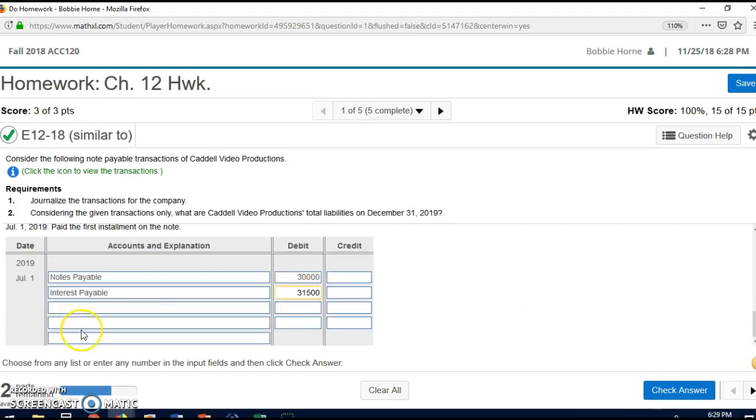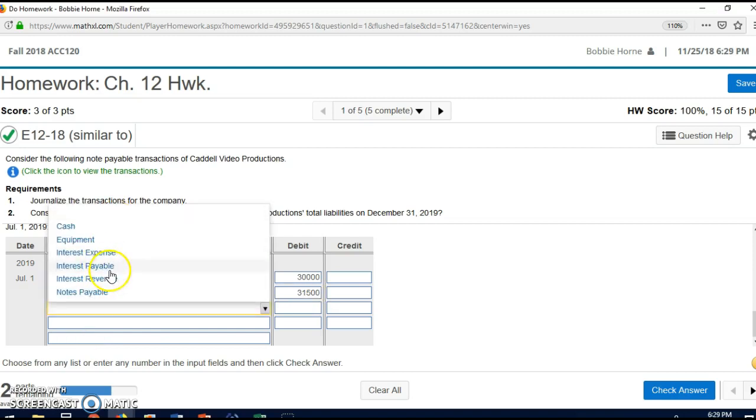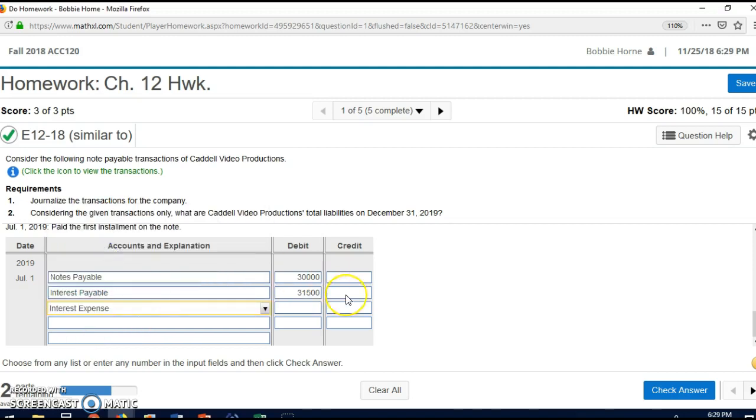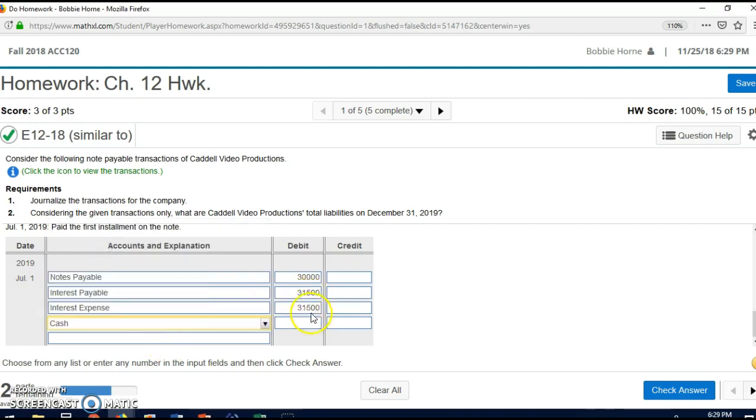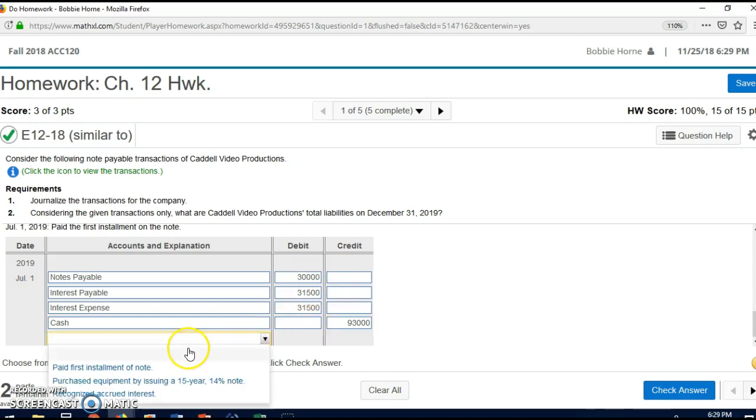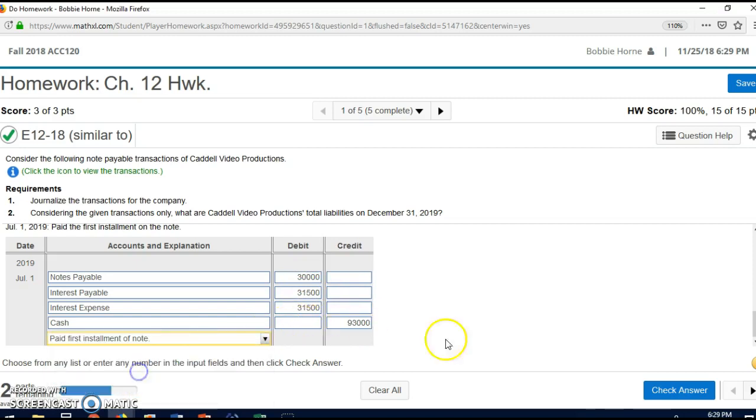And then we have interest expense for the other half of the year, which should be the same $31,500 because it's split straight down the middle. So we're going to pay cash of $63,000 of interest plus 30 should be $93,000. And this is to pay the first installment of the note.